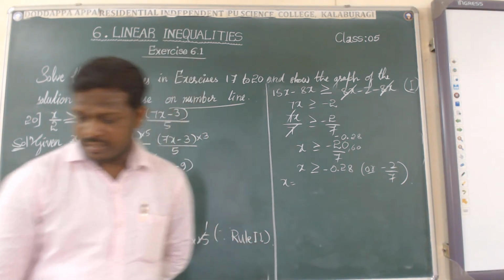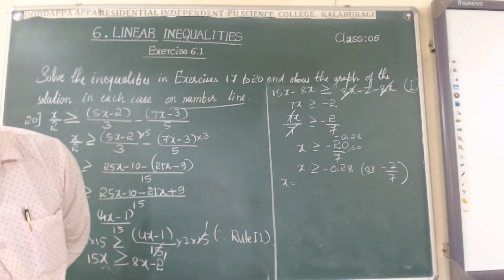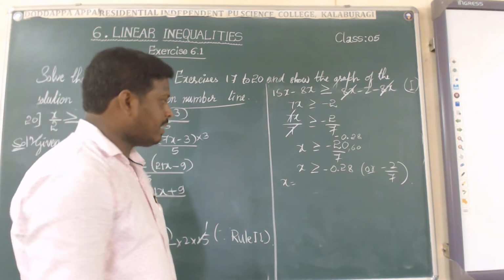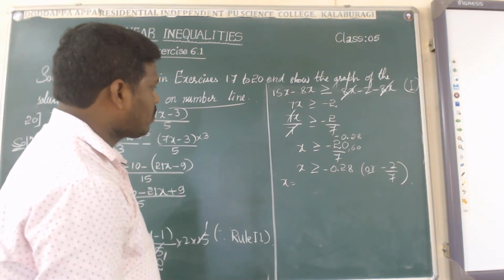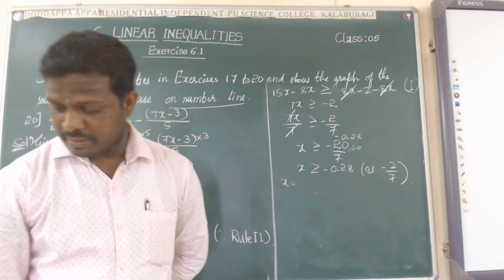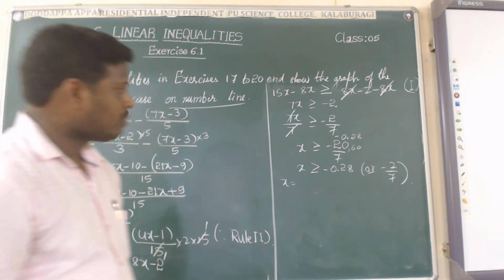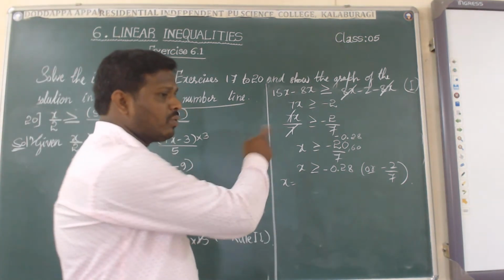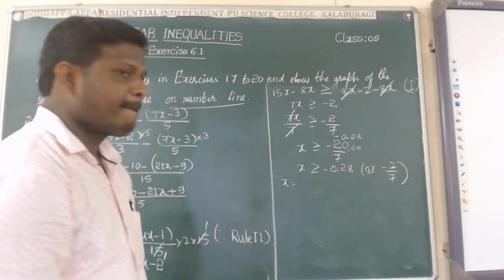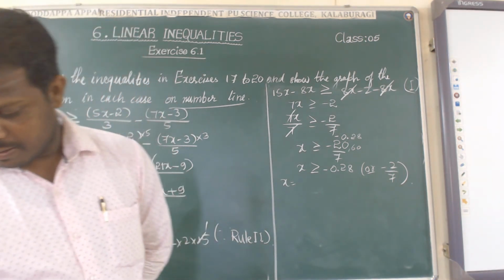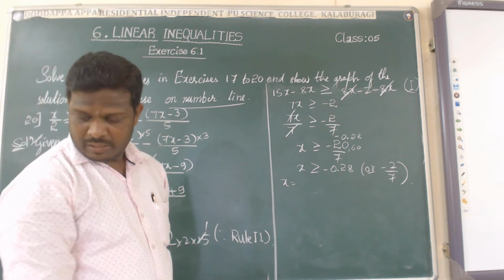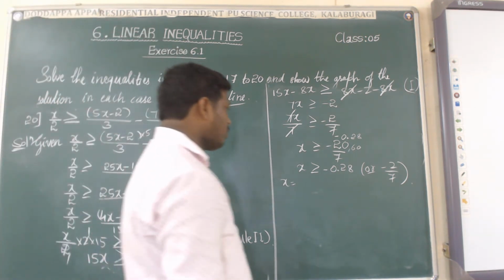The value of x is more than or equal to minus 2, so the number line will be moving towards which side? Towards the RHS side it will be moving.